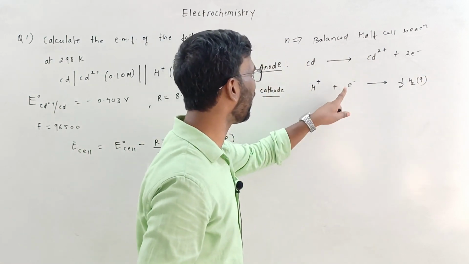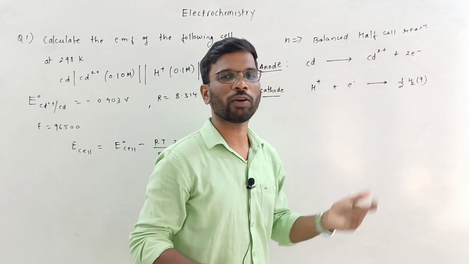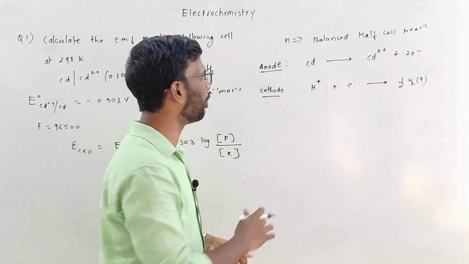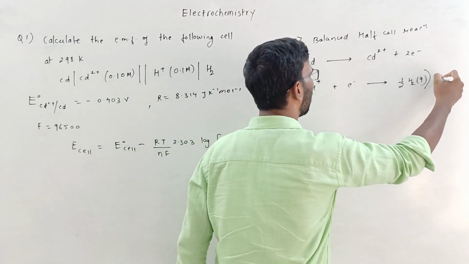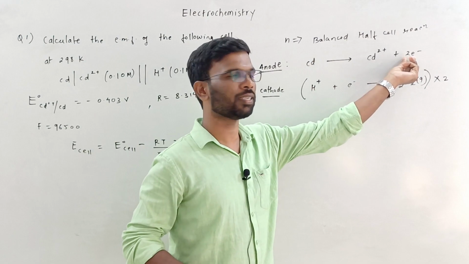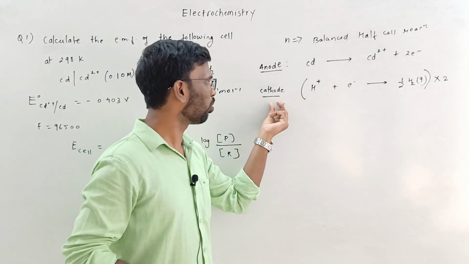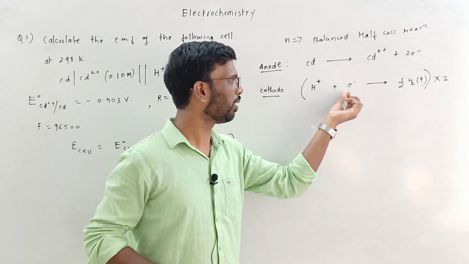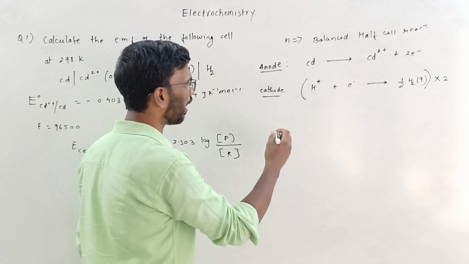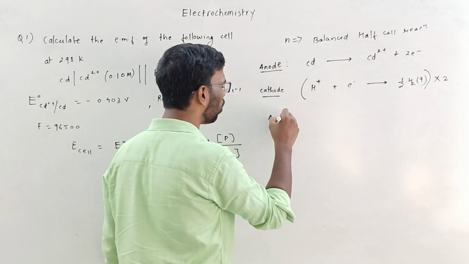Now if you see, the electrons are not balanced. Both should have the same number of electrons. So I multiply this equation by 2. In oxidation we represent the electron on the right side, which shows the loss of the electron, and in cathode reduction we write the electron on the left side, right? I'll write both the reactions again to avoid confusion.